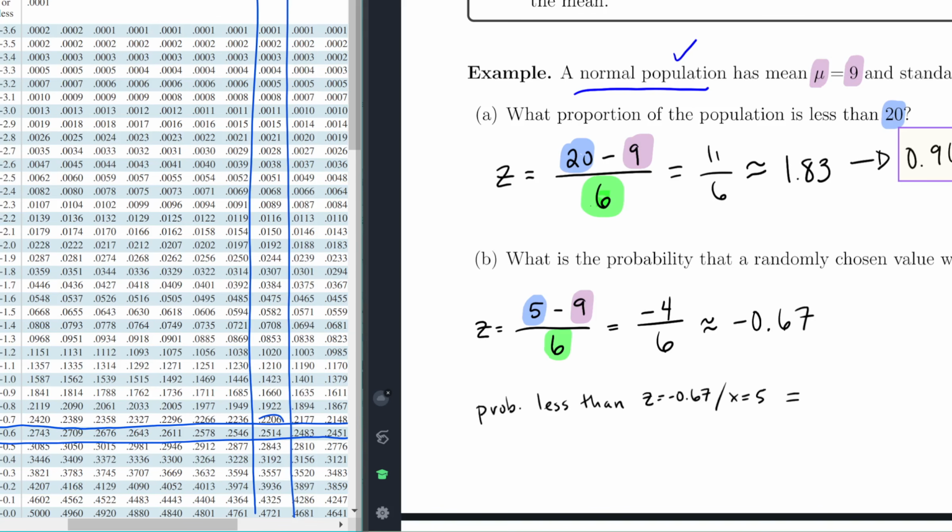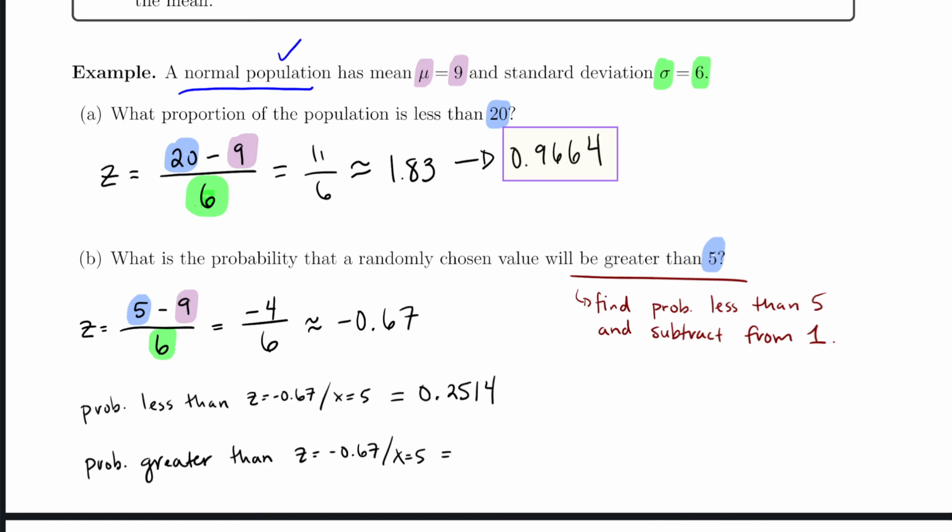And we see that would be 0.2514. Now that is the probability that we're less than a z of -0.67 or an x value of 5. We cared about really being greater than that. We know that the value less plus the value greater must be 1. So the probability that we're greater than that is 1 minus the less than value of 0.2514.